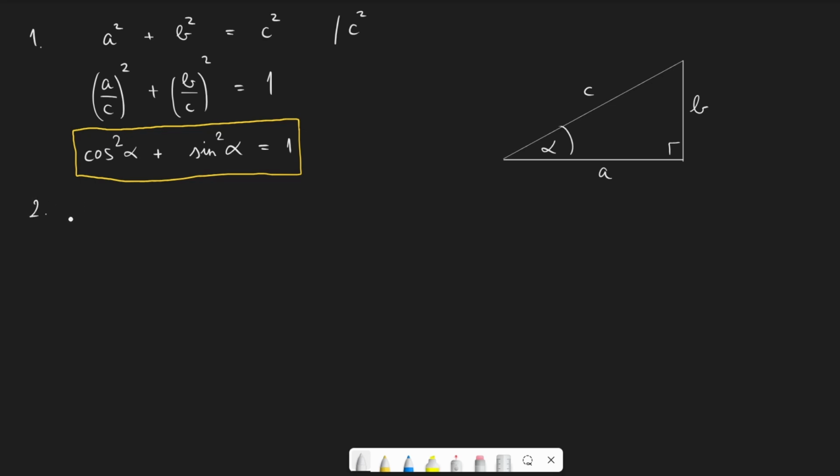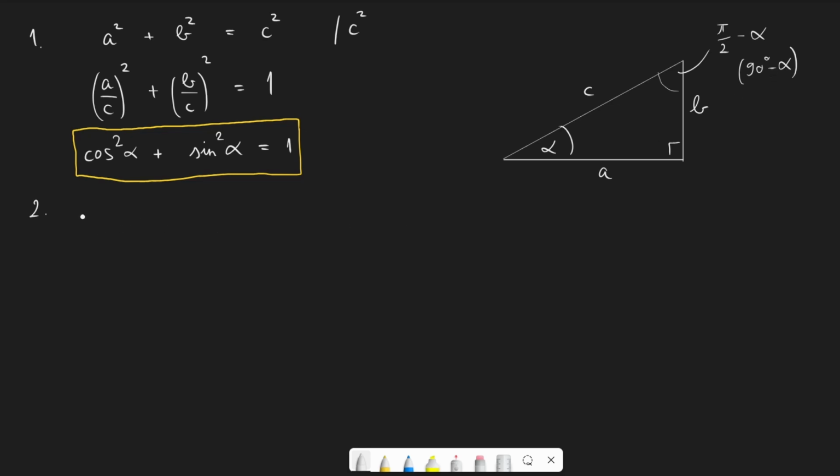The next group of identities is related to the complement angles. And what a complement angle means is that if we have an angle like here alpha, then the complement angle of alpha is this one here, which is pi over 2 if we are calculating in radians, minus alpha, or in degrees 90 degrees minus alpha, if alpha is given in degrees.